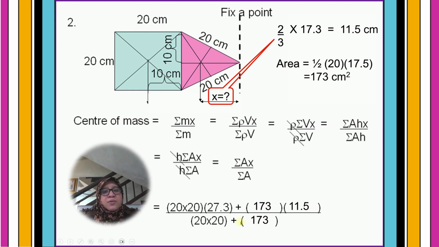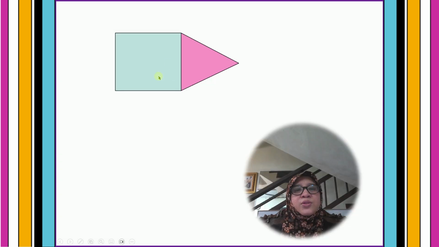So after substituting all the values into this formula of the center of mass, the answer is 22.5 centimeter. From the beginning we didn't convert to meter, so all we use centimeter, so the answer is also in centimeter. So 22.5 centimeter is where the line joining horizontally the center of mass of the square and of the equilateral triangle is.